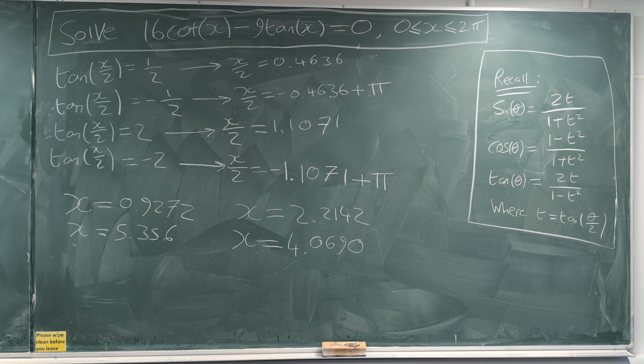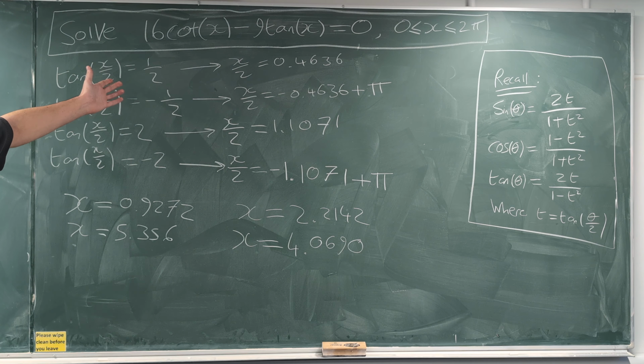And as always, we should check to see whether pi is an answer, because as I've said in every video on the t-formulae, if pi is an answer for x or theta, we won't get it, okay? Because of the nature of the fact that we're doing tan of theta over 2. If theta or x was pi or 3 pi or 5 pi, there's an asymptote there on the function, so it's not going to be defined, it's a discontinuity.